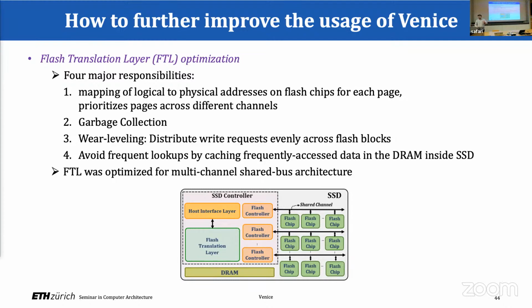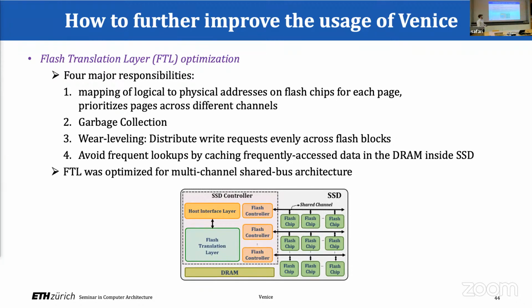A flash block has a limited number of times it can be programmed and erased, and by distributing the data, or the write requests, uniformly over all flash chips, you increase the lifespan of an SSD.